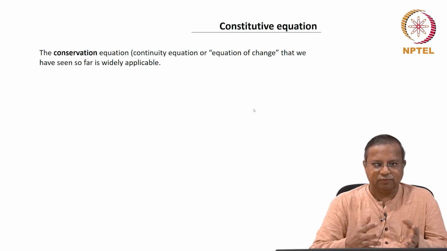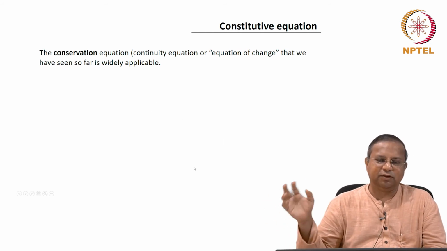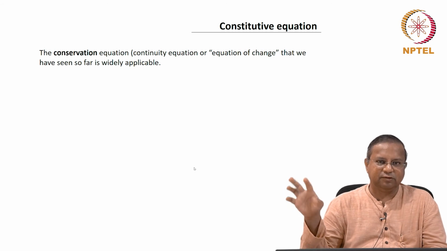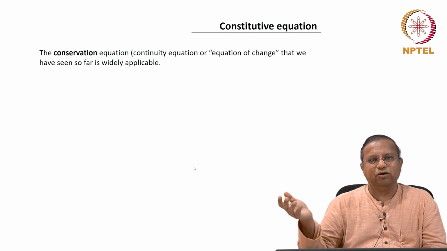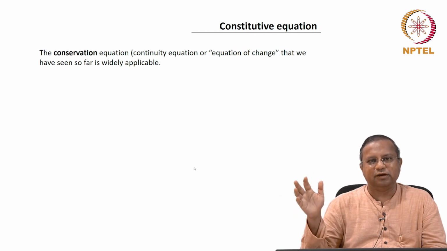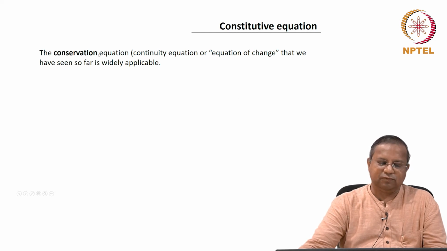It tells you how the mass changes over time, and that is very widely applicable. The only riders that we put in are no nuclear conversions or reactions, and no traveling at speeds close to that of light. So, it is applicable for almost all our applications.